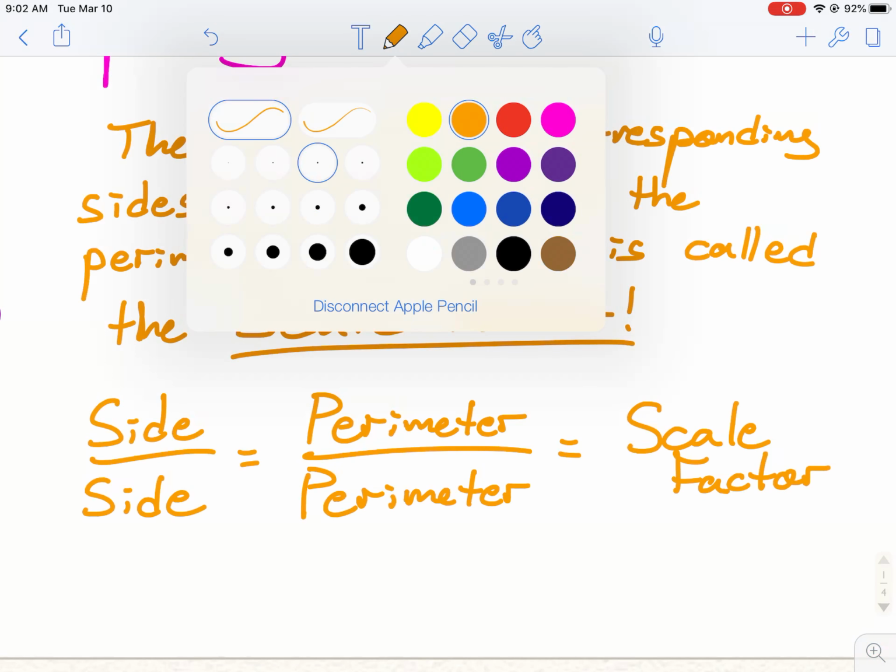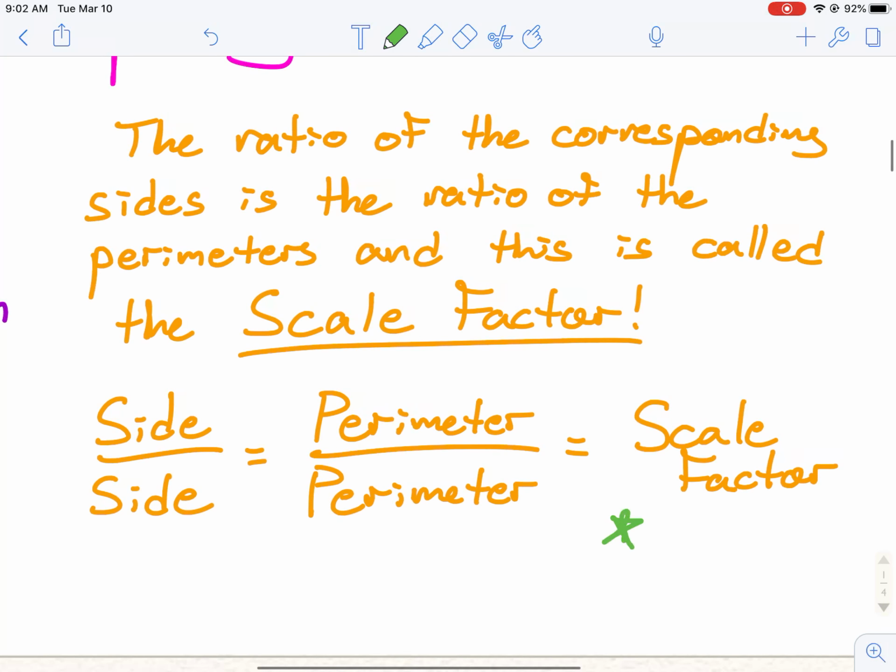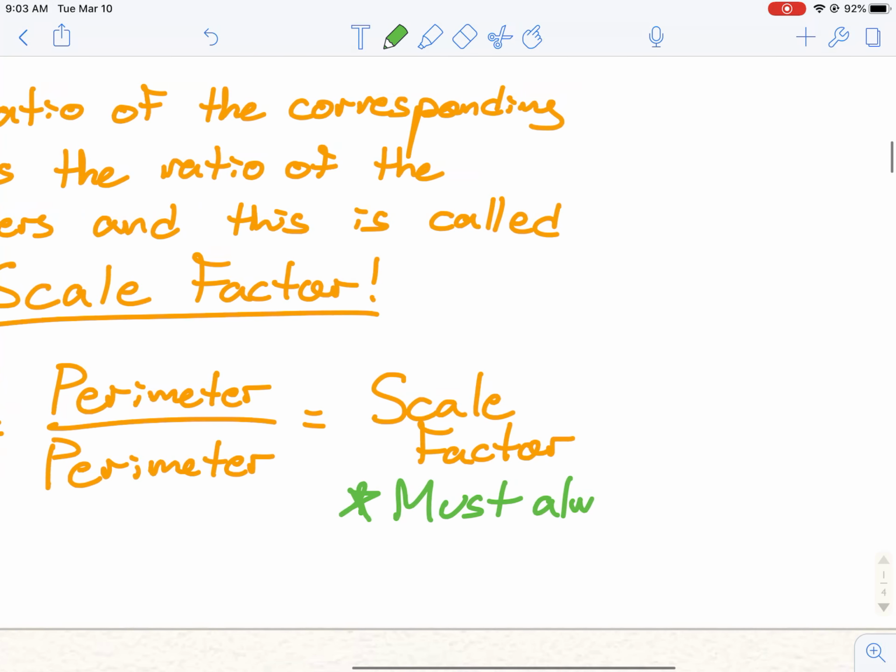And something to note from this is that this must always be reduced. If your scale factor is not reduced, then it may throw off an answer to your problem.